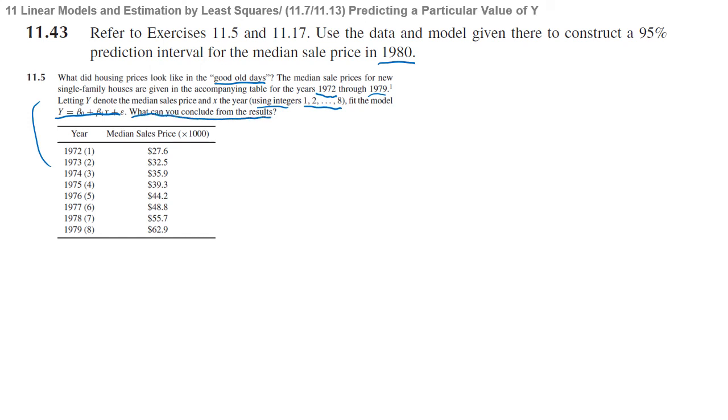So our x is year, and y equals beta 0 plus beta 1 x plus epsilon. This is our model, and here x is year, coded as 1 to 8, and y is here.